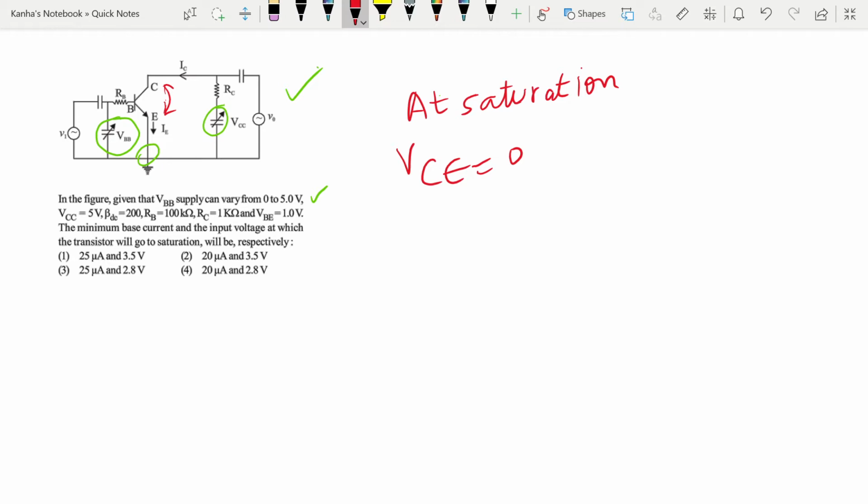Now we know that VCE is equal to VCC minus IC RC. How did I write this equation? You should revisit your concepts about current electricity, and then you would remember that you read something about the Kirchhoff's loop rules.